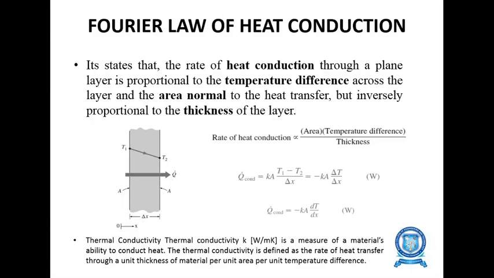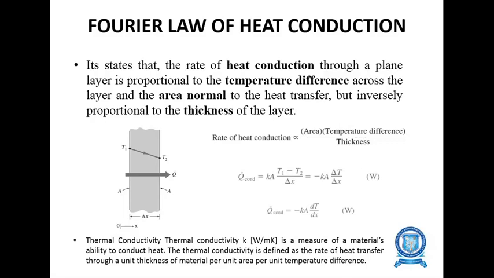Simply, we can say the rate of heat conduction, Q, is directly proportional to the area normal to the direction of heat flow and to the temperature gradient in that direction.